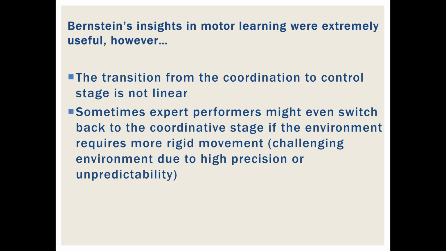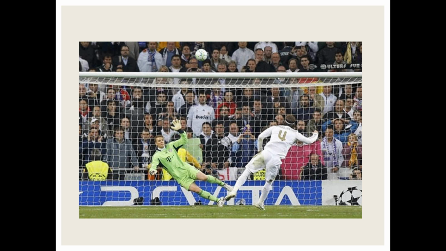Someone might never go out of that first coordinated pattern stage, might never move into the control stage. Some people might skip one of those stages, etc. And so that whole process is not linear. And sometimes expert performers actually regress, they switch back. And the best way to think about that is under high environmental pressure, in this case, someone kicking a penalty in a very important phase of a game or a tournament.